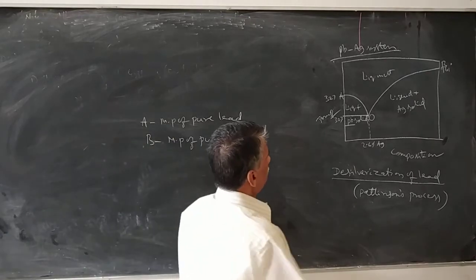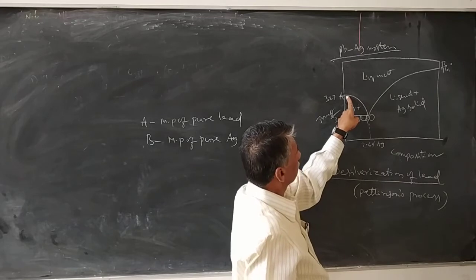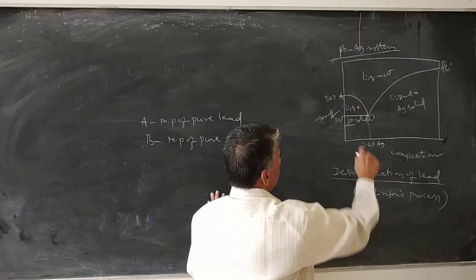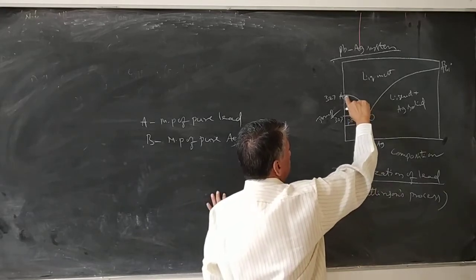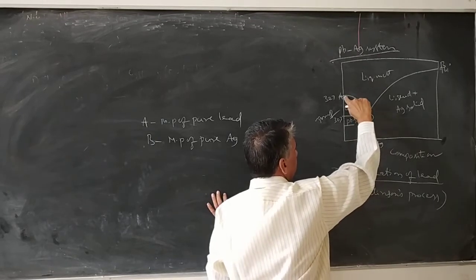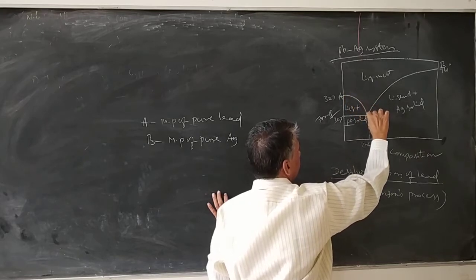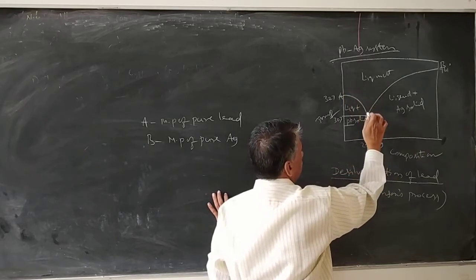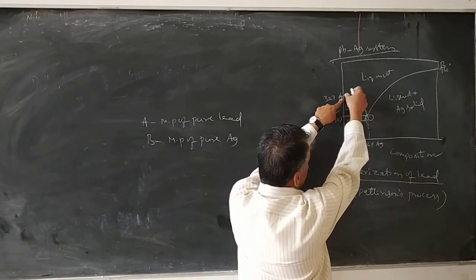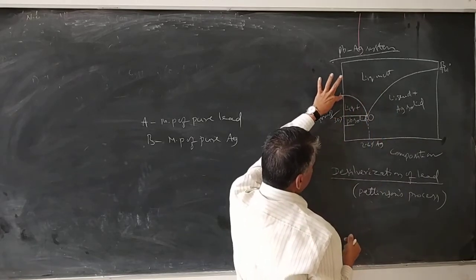Now, when you add silver to this lead, the solubility of silver in lead happens here, and the curve decreases like this, and it reaches up to the point O. So there is a decrease in temperature.